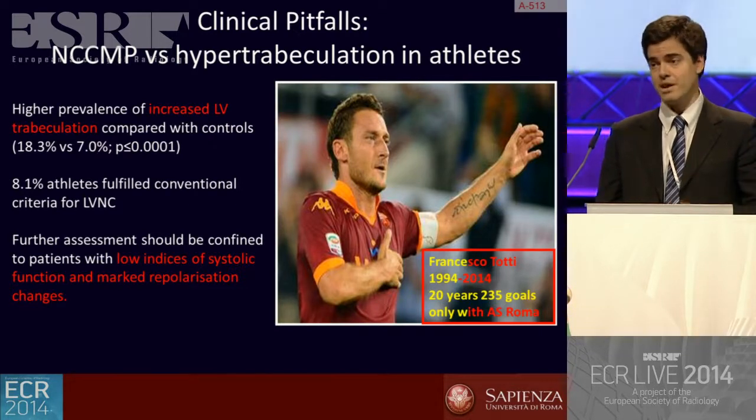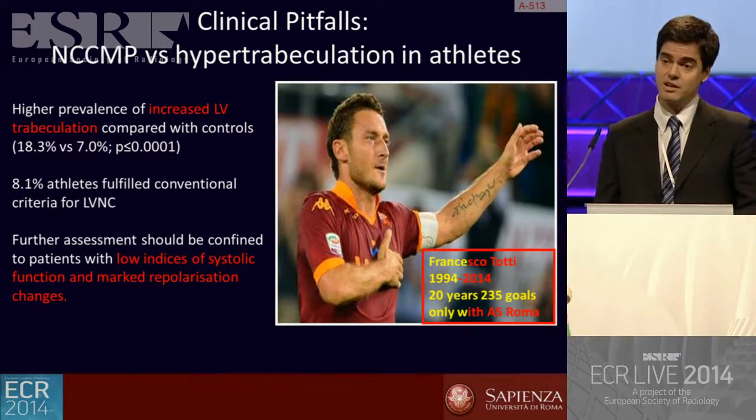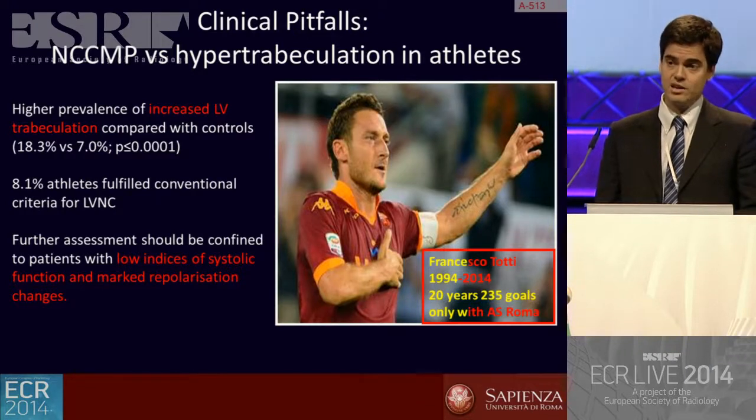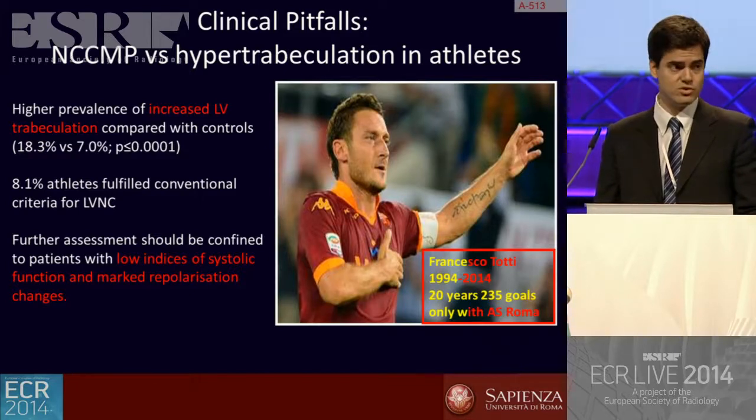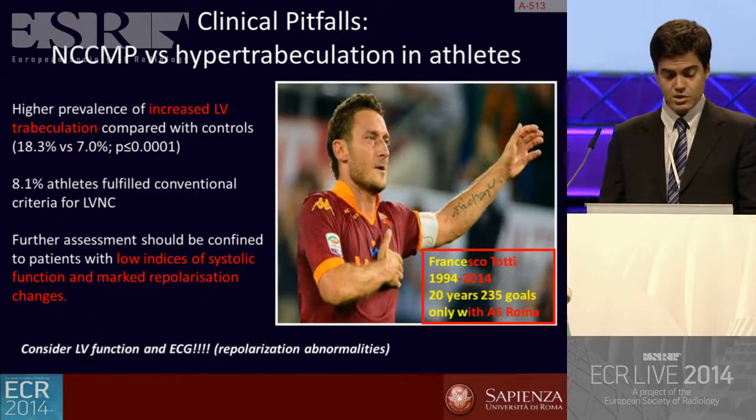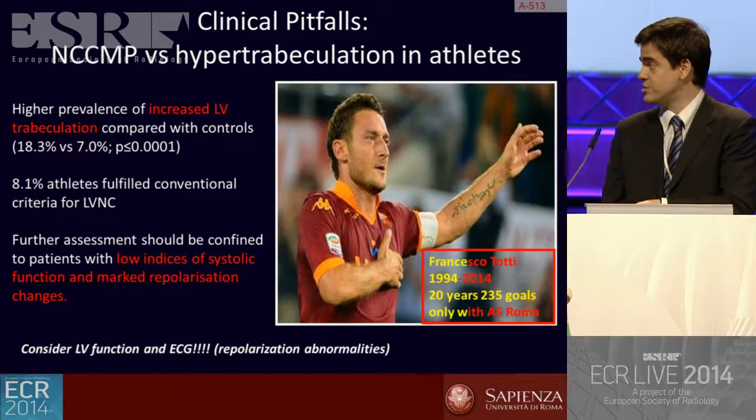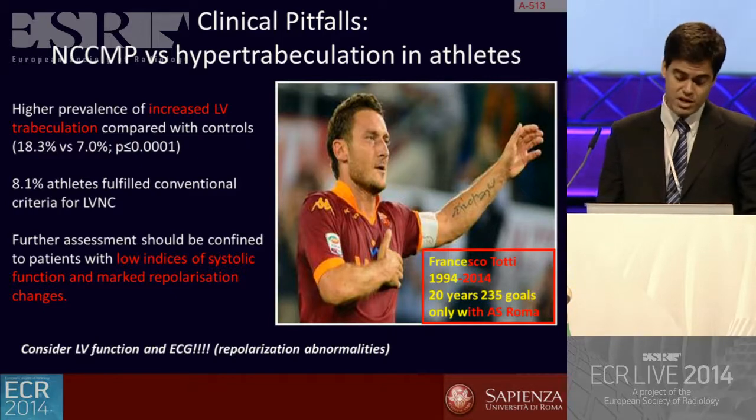So, I think you're probably getting confused, but this is what we do have also in our experience, because it's an entity not clearly defined. It's a continuum from normal to pathological, and we have to carefully deal when we are calling a pathology non-compaction versus compaction. So, of course, in the athletes, consider the history, LV function, and ECG.